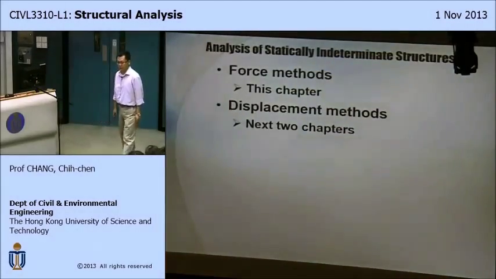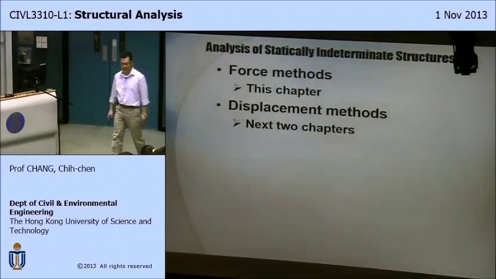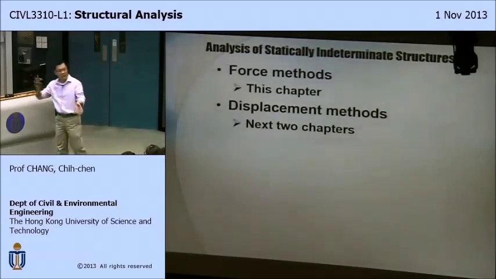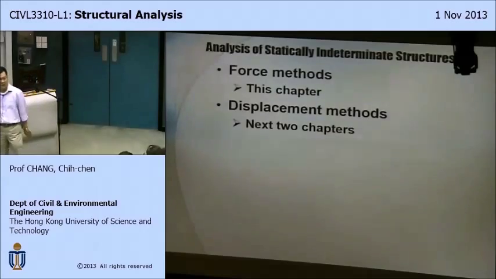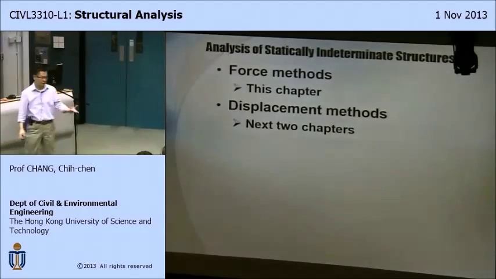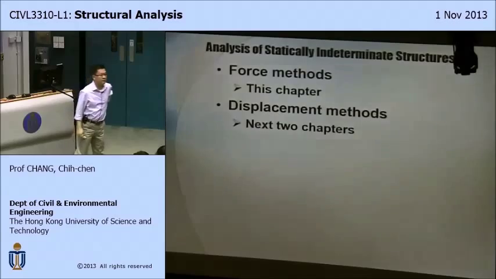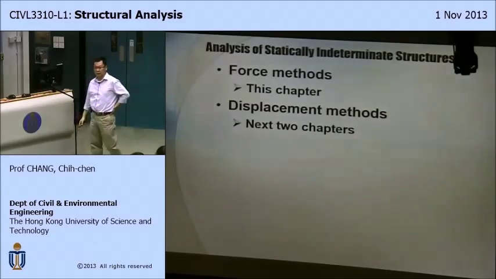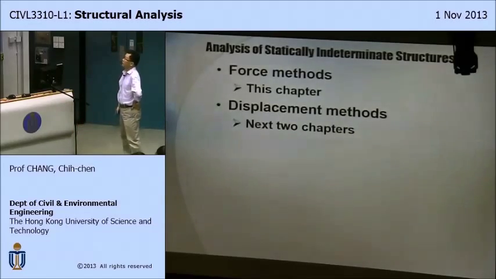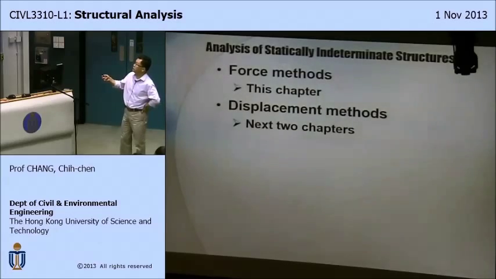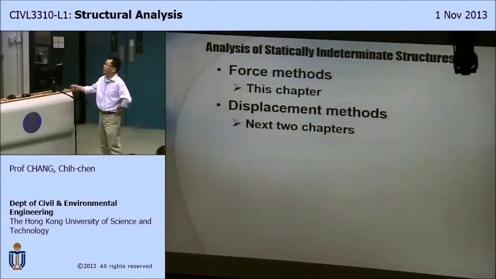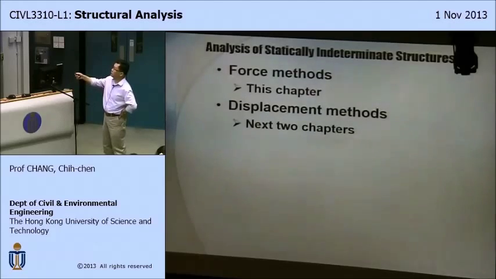All right, so get down to the real analysis technique now. Previously was just concept, right? So you can use that concept on any techniques as long as you have the symmetrical structure conditions. So we're going to show you a few techniques that you can use to analyze indeterminate structures. So these techniques are classified into force methods and displacement methods.